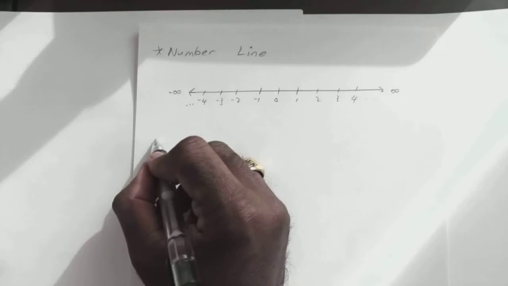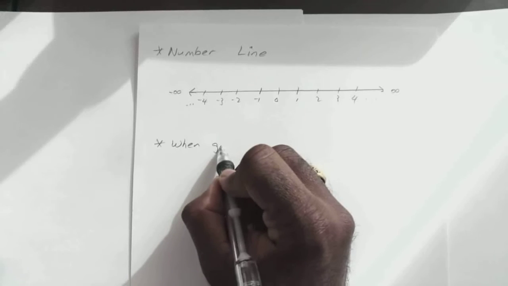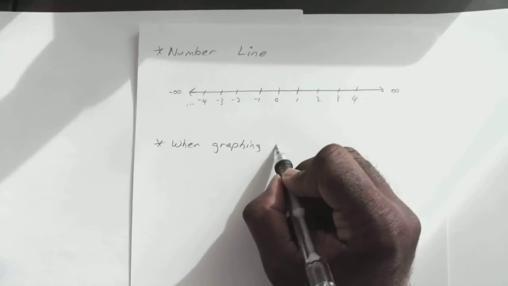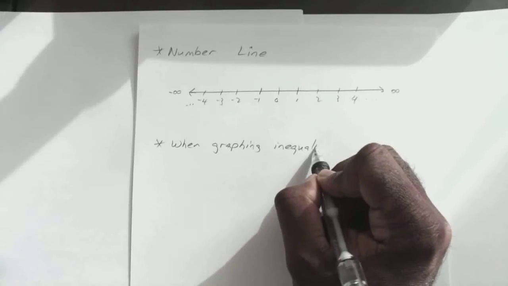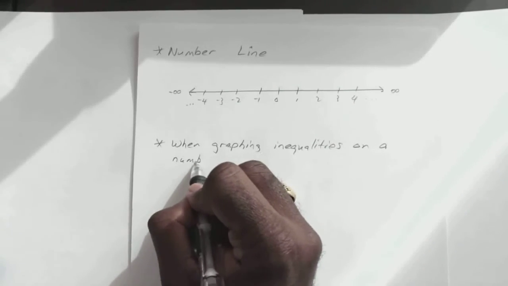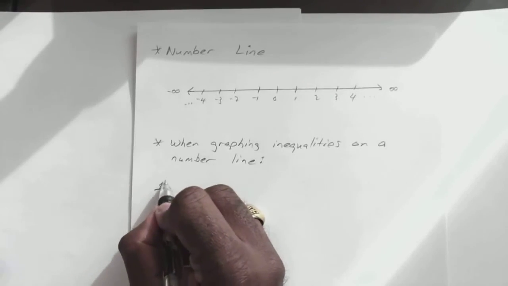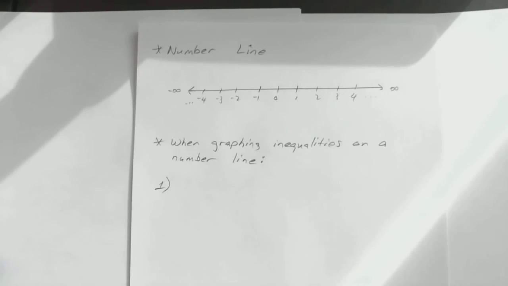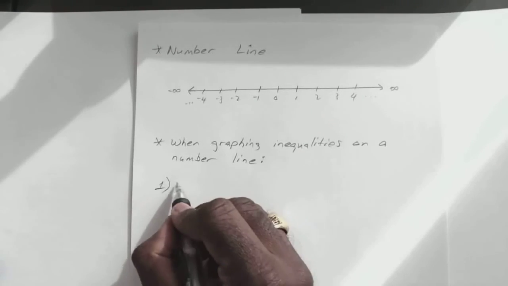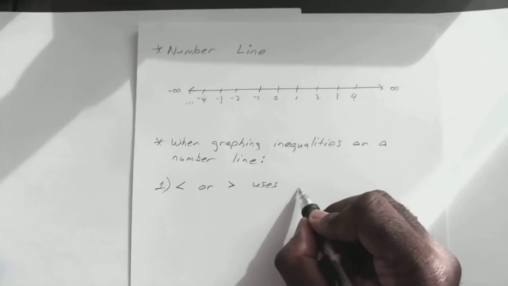Okay. So now we're going to graph our inequalities on a number line. So when graphing on a number line, first, whenever you use less than or greater than, it uses parentheses.